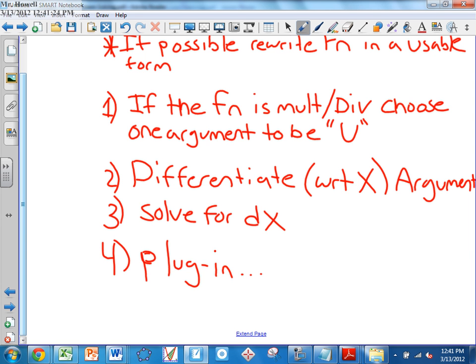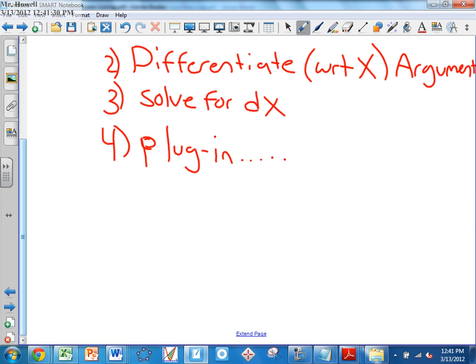Now, for the next line make a little indent, like on the AP test. You're just gonna do both of those. Plug in dx into the integral. You haven't integrated yet, so you're just plugging in dx.